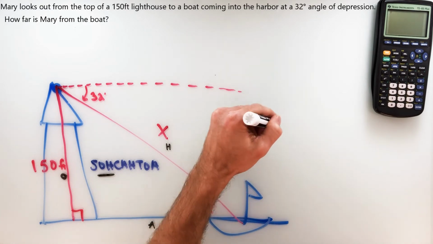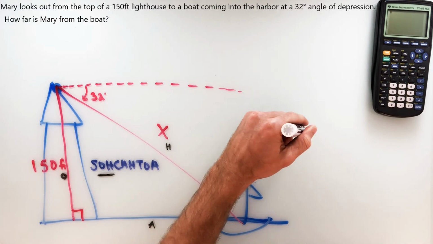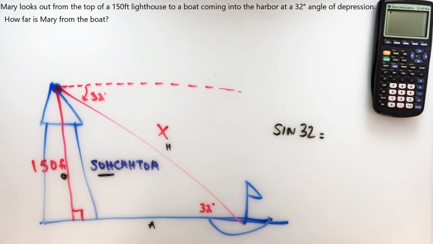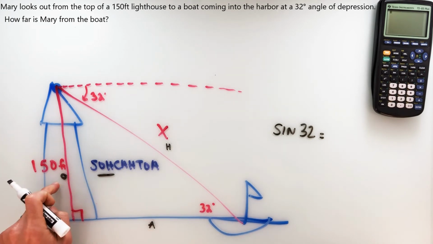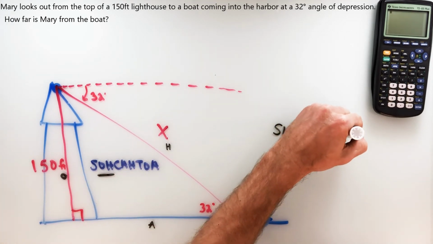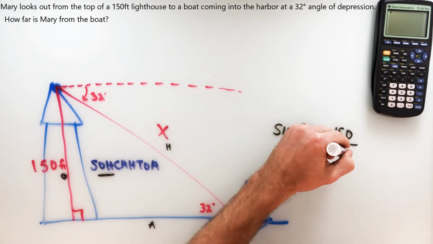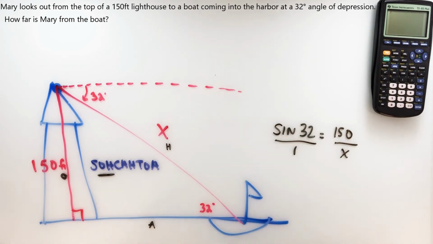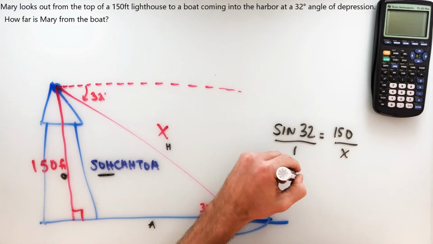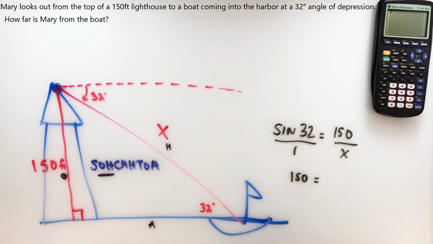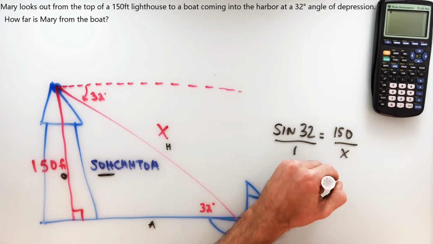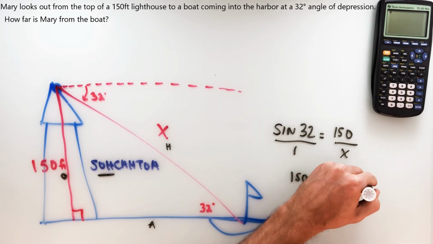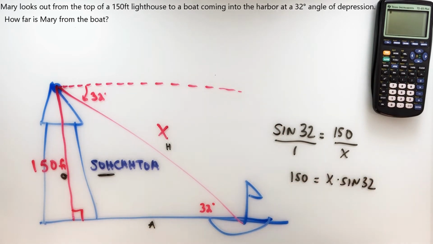So to set it up, we're going to write sine of 32 degrees. Sine is opposite over hypotenuse, that's 150 over hypotenuse, which is x. Complete by proportion, and I'm left with this. So let's go ahead and cross multiply. 150 times 1 is 150, which is equal to x times sine 32.